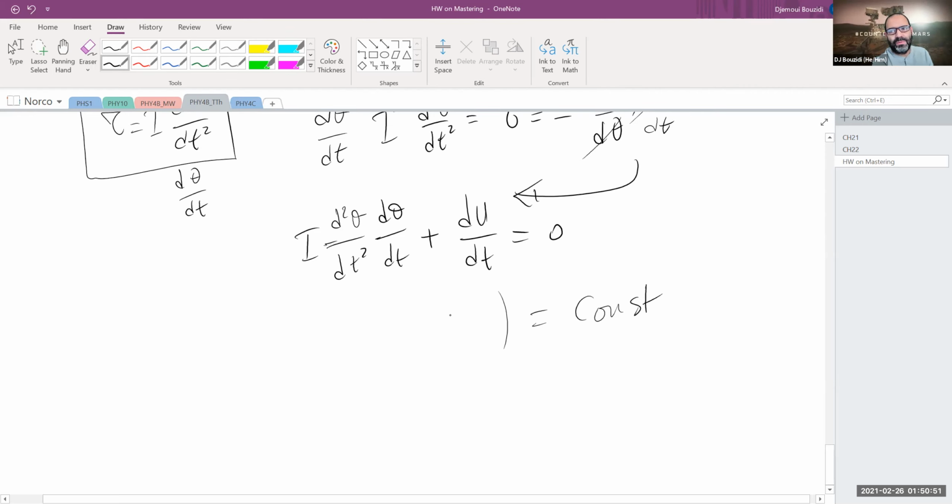The integral is a linear operation, so here I'm going to find U, the potential energy, plus the integral with respect to time, by the way, that's how I get rid of this dt, of I times d squared theta over dt squared times d theta over dt, dt. Okay?